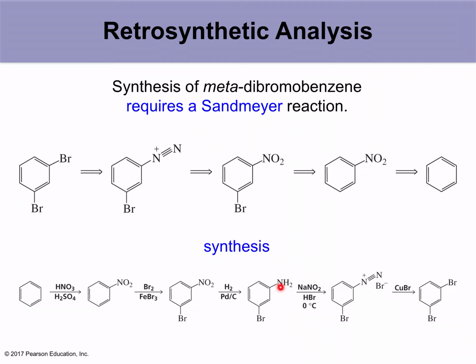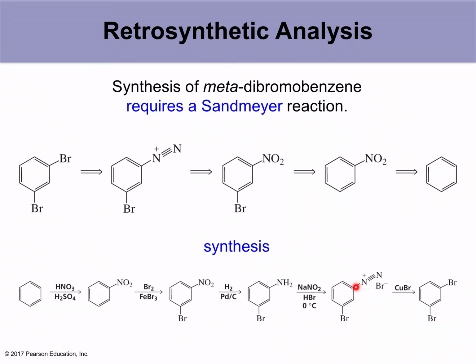Hydrogenation. NO2 will become NH2. And then to the NH2 group, when you add sodium nitrite, HBr at 0 degrees Celsius, the condition for formation of the nitrosonium ion, you get the diazonium salt. And then this will give you this compound.